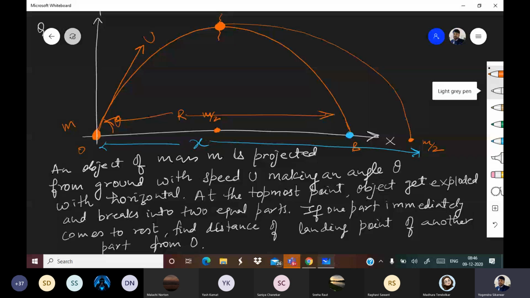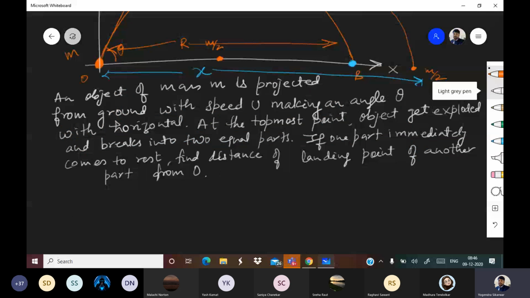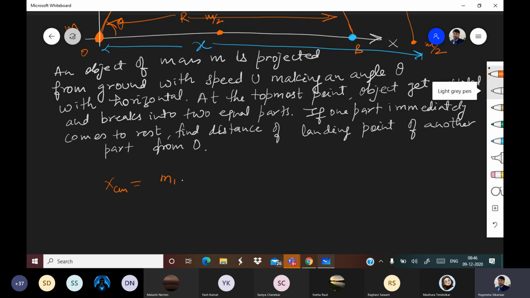So I am going to write xcm equals m1x1 plus m2x2, because there are two fragments, upon m1 plus m2. So xcm, which is now R because it is going to land at R distance. R is equal to m by 2, because m1 is m by 2, and it will land at what distance?